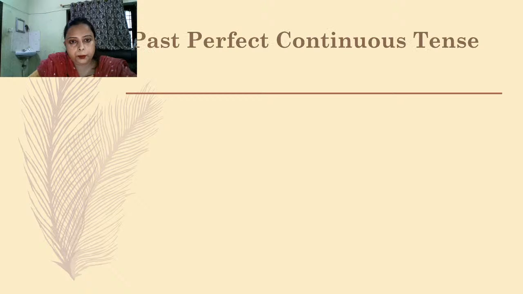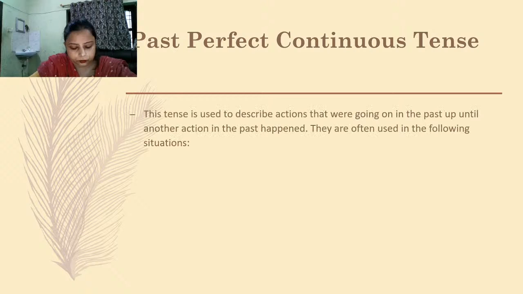The past perfect continuous tense. I am talking about the next topic, the past perfect continuous tense. This tense is used to describe actions that were going on in the past up until another action in the past happened.